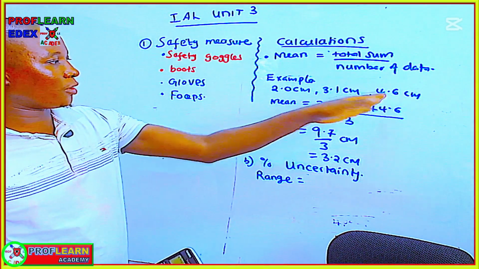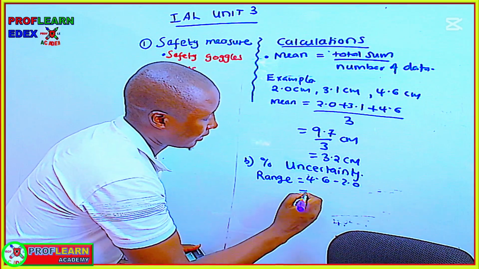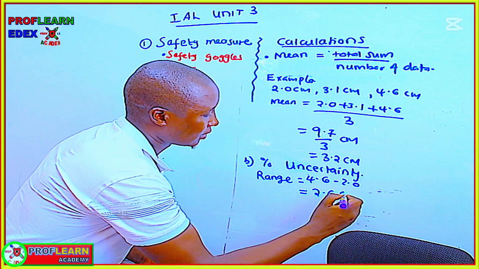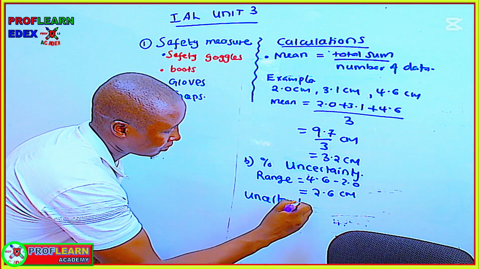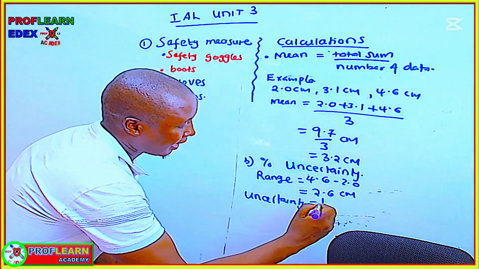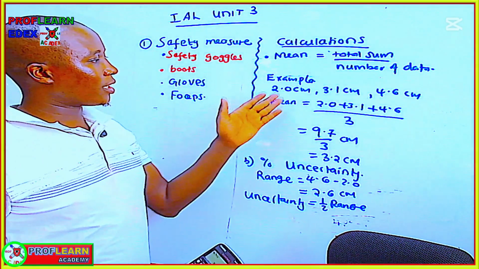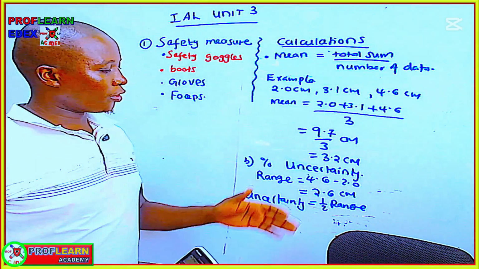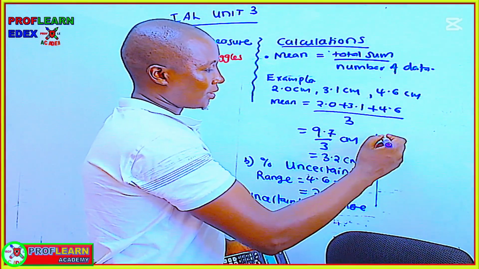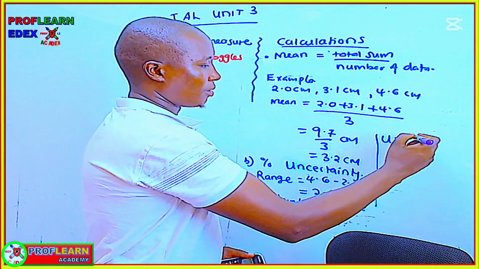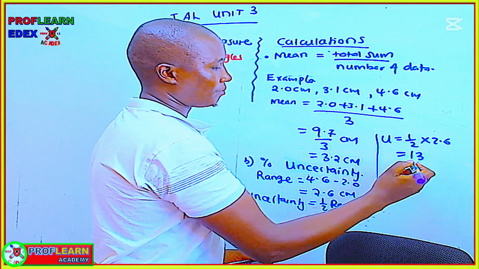The largest value minus the smallest value, that will be 4.6 minus 2.0, which is 2.6 centimeters. Then the uncertainty is going to be a half of the range. If you are given different sets of values, to work out uncertainty, it will be a half of the range. So in this case, our uncertainty becomes a half times 2.6, and that becomes 1.3.